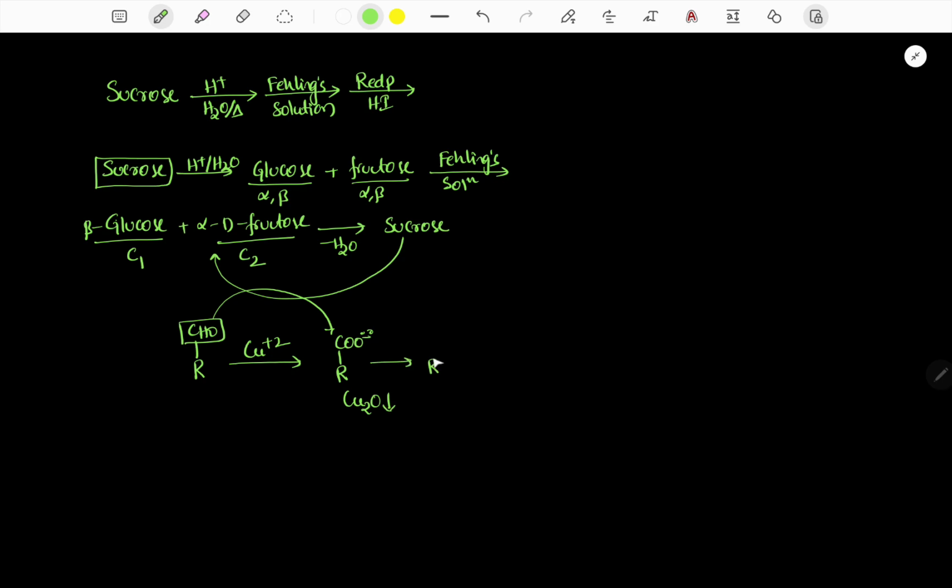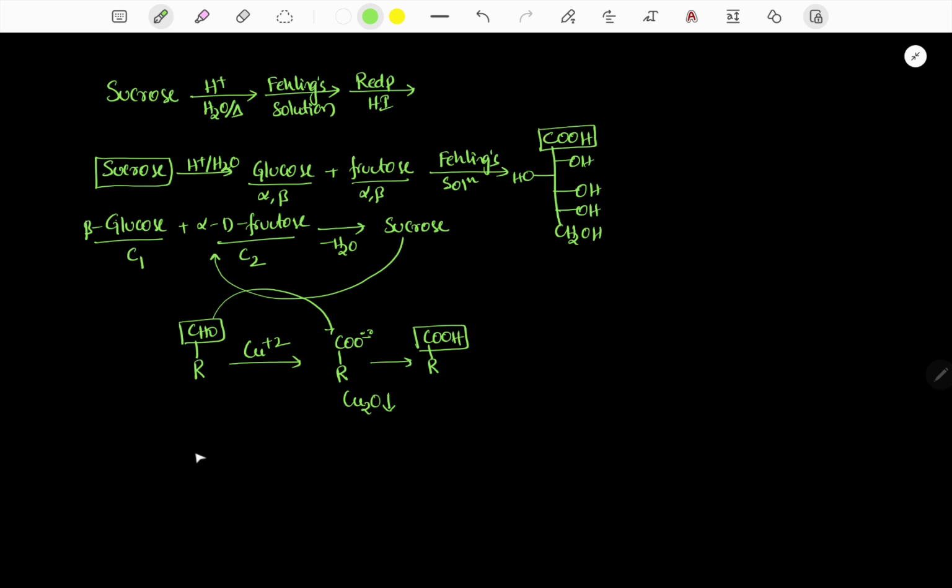Now if I consider acidification, we get the corresponding carboxylic acid. Therefore, the glucose part is like this. Only the glucose aldehyde part is oxidized.